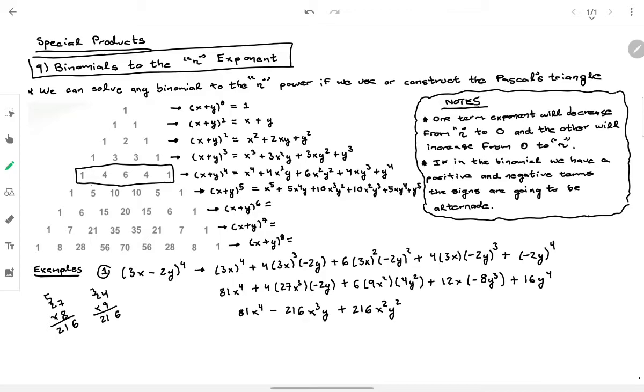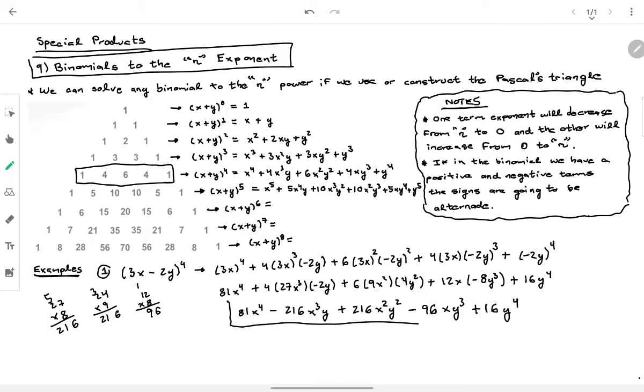Then we are getting 12 times 8. So it's going to be minus 96 x y cubed plus 16 y to the 4.